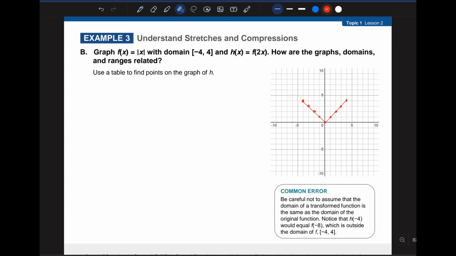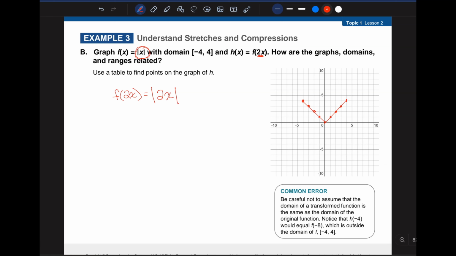This time, though, they're asking me to do the 2 times x. So it's not on the outside like in the last problem. It's on the inside. So I'm going to take my f of x and plug in 2x instead. Since f of x is the absolute value of x, I'm going to take the absolute value of 2x.